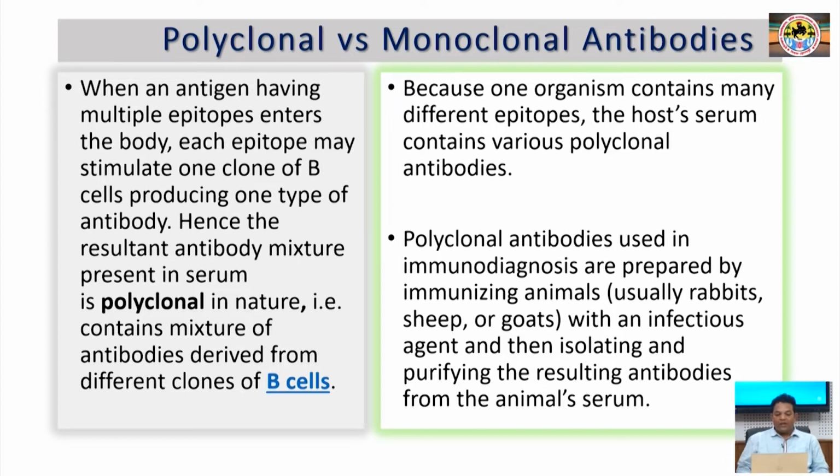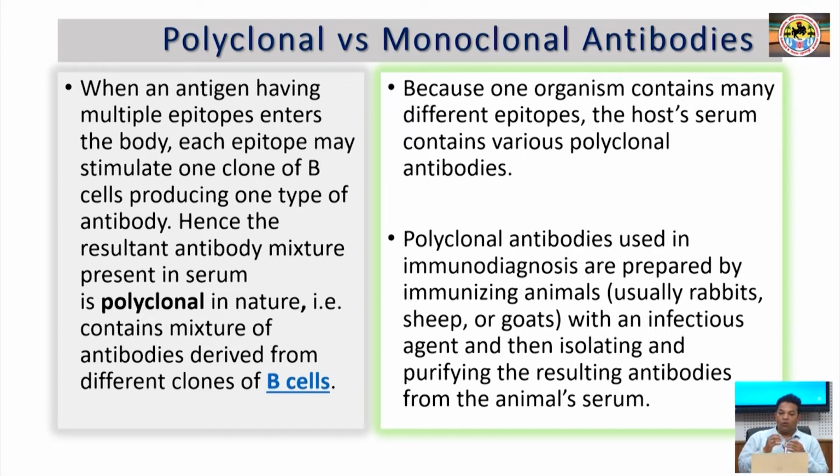So, polyclonal antibodies used in immunodiagnosis are prepared by immunizing animals. Now, how we are going to produce these antibodies is very important. So, by using rabbits, sheep, and goats, with a particular type of infectious agent we are going to use, and then isolate and purify the resultant antibodies from the animal serum. Are you getting it?